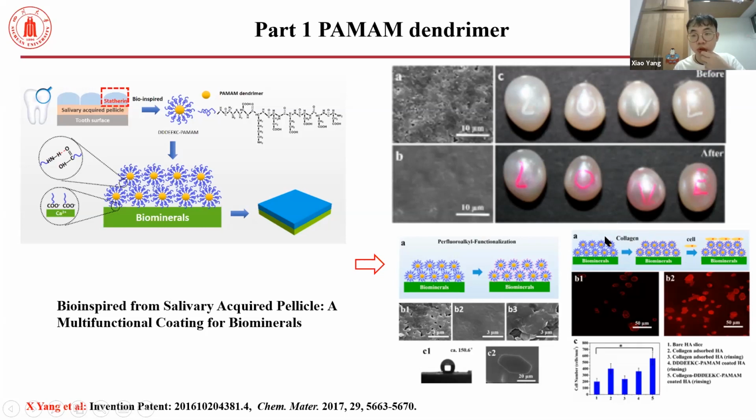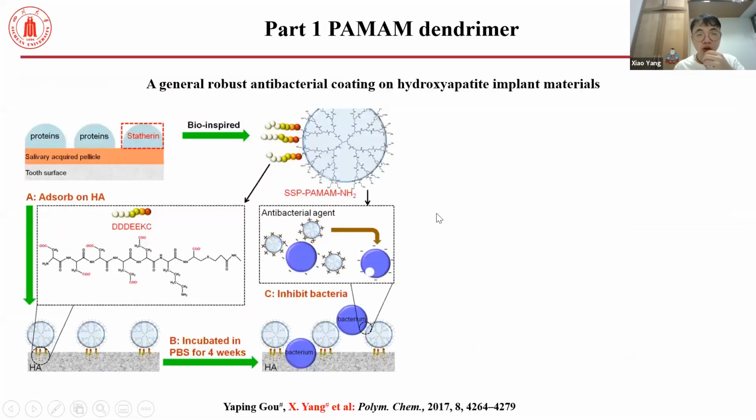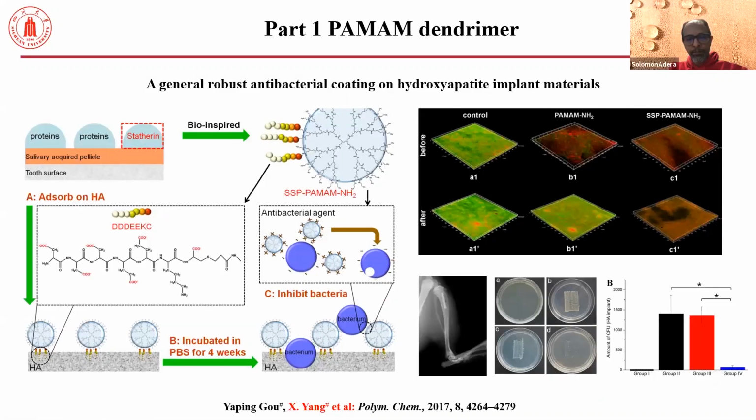We also used collagen to modify the surface, and we can see more cells attached to our surface. We also used this material for antibacterial properties, because it has this group, and this group can kill the bacteria.